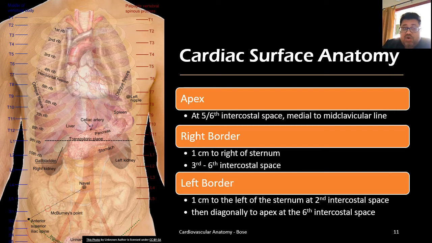The left border of the heart is 1 centimeter left of the sternum at the second intercostal space, then diagonally to the apex, which is situated at the fifth to the sixth intercostal space in the midclavicular line.